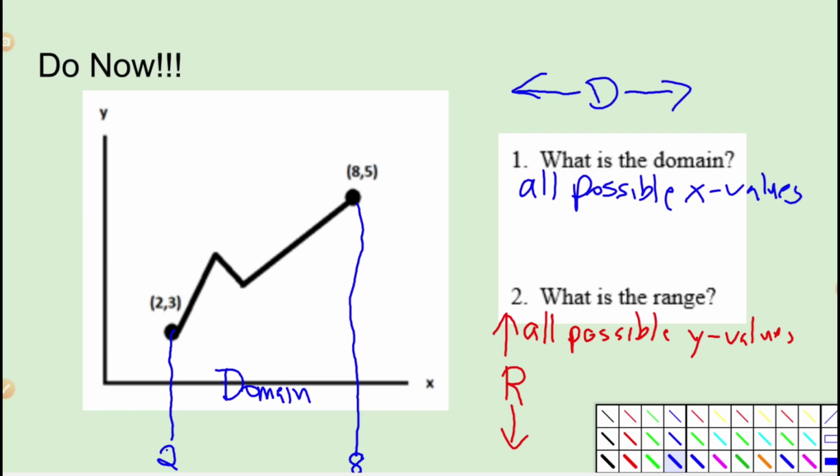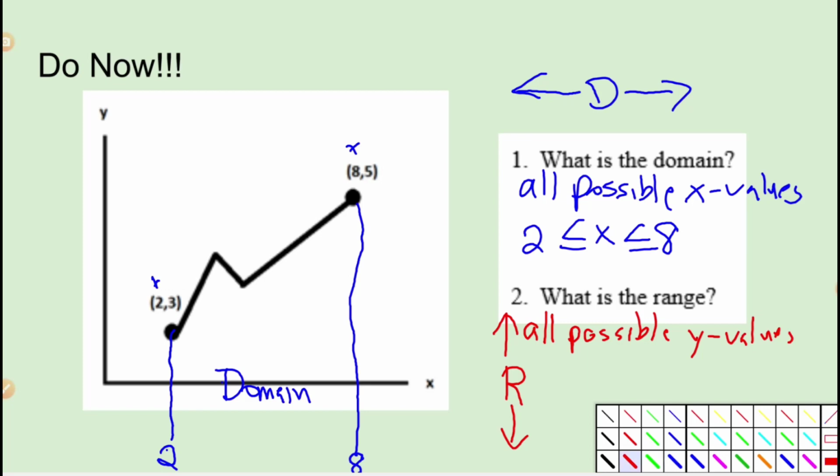Well, remember, this is your x-axis, so we need the x value from these coordinates. So what's my domain for this problem? It's going to be all values greater than or equal to 2 and less than or equal to 8. So there's my domain.